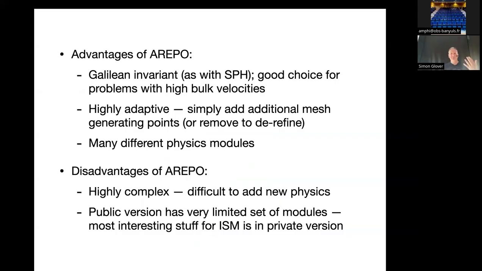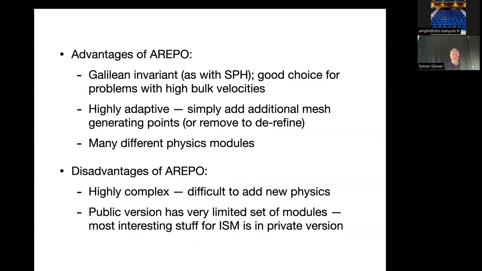So, advantages of this approach. It's Galilean invariant, as SPH is, so it's a good choice for a problem with high bulk velocity. You don't get lots of error introduced just because your flow is going fast if it's all going at the same velocity.